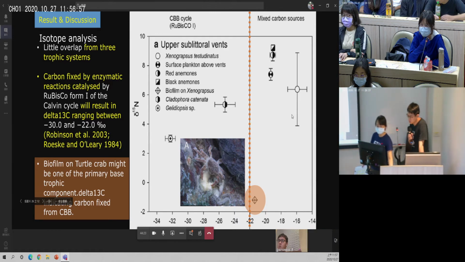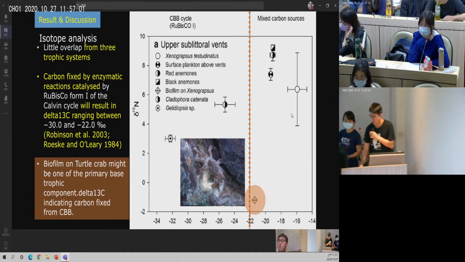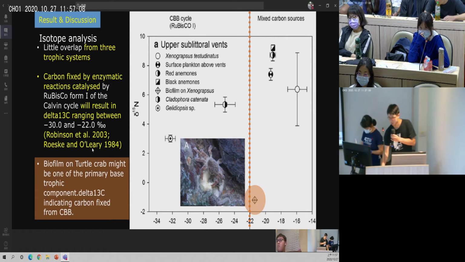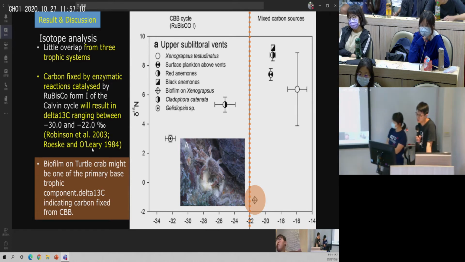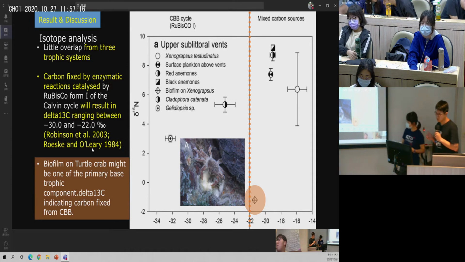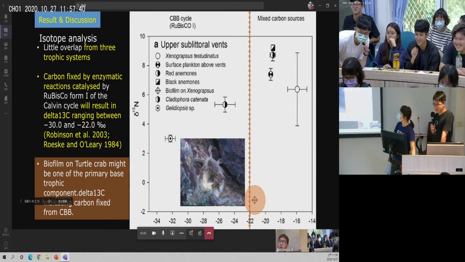It is a line dividing the carbon value, and in the low value, from other research, it comes from the Calvin cycle. Yeah. Could you go back to materials?